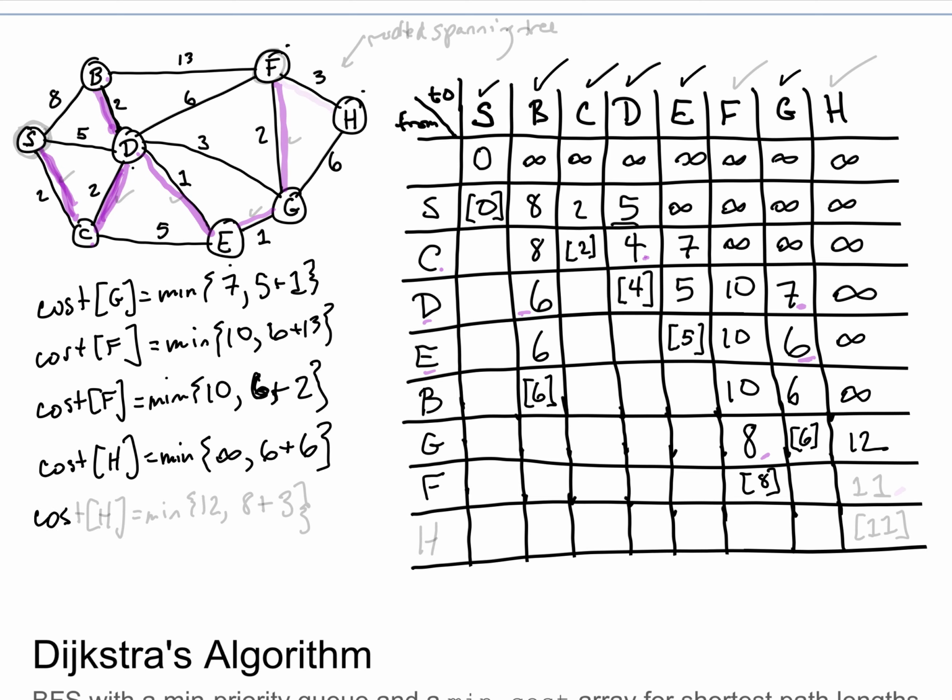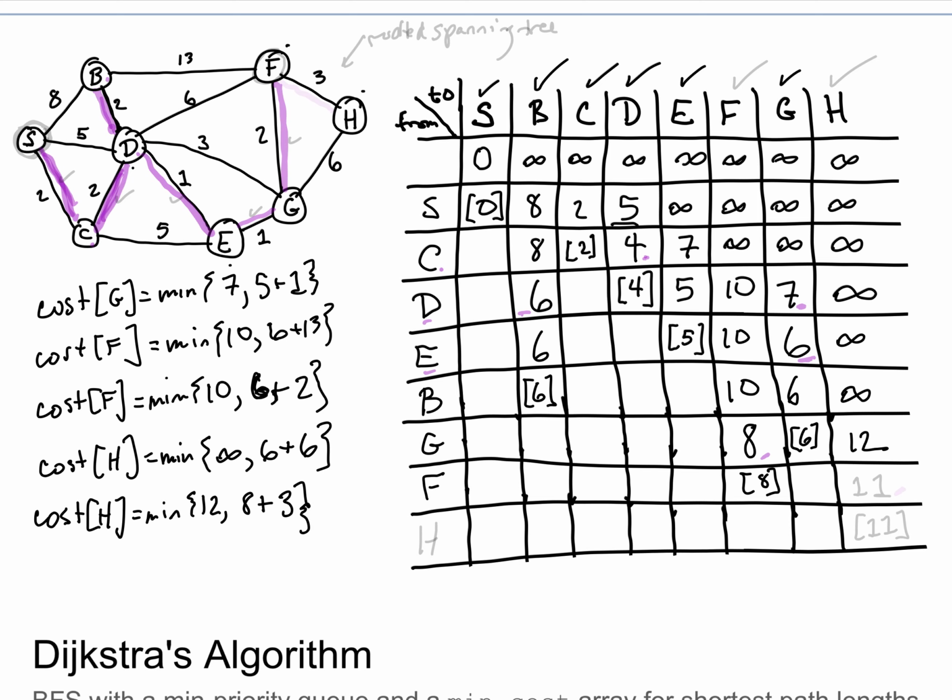So the cost of H is now going to be the minimum of its most recent cost, which was 12, and the cost to get to F. So 8 plus the edge weight from F to H, which is 3. So the minimum of 12 and 11 is 11.